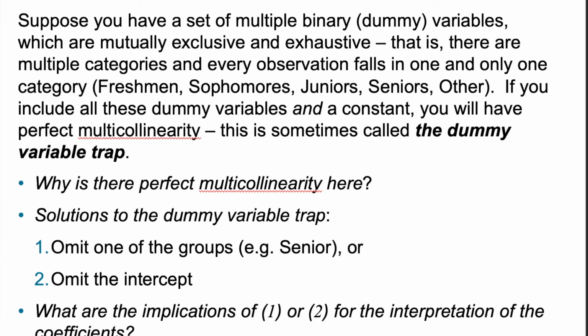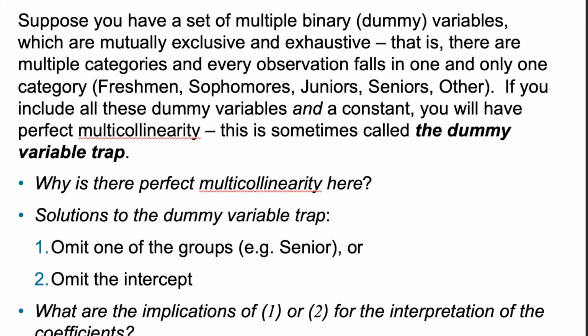especially when we have multiple dummy variables to represent a group, and we're thinking about representing a group's categories or characteristics, so we have many different characteristics. Suppose that there are multiple categories and every observation falls in one and only one category, such as freshmen, sophomores, juniors, seniors, and other.